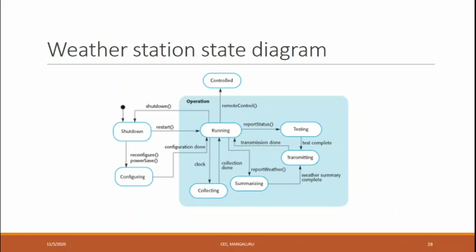Here you can see that if the system state is shut down, then it can respond to a restart, or to a reconfiguration, or power save messages. The unlabeled arrow with a black ball indicates that the shutdown state is the initial state of the state diagram.